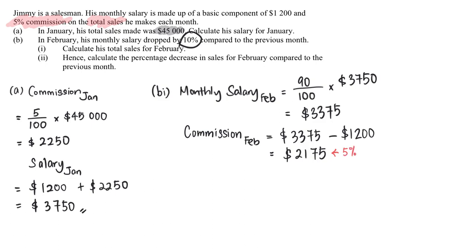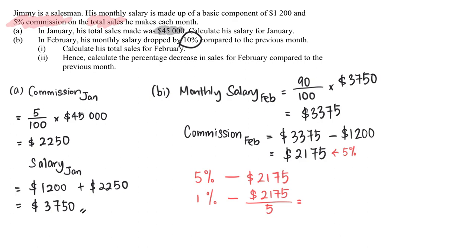So in the next step, working right, you will see 5% representing 2,175, and I would then want to find my total sales, which will be 100%. So I will get 1% first, alright? So it will be 2,175 divided by 5.